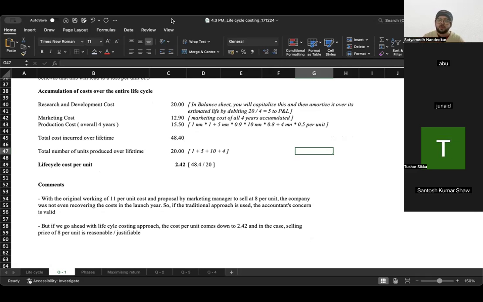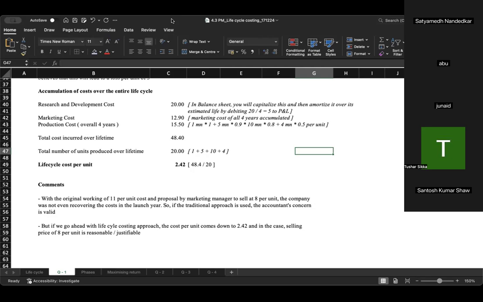Now, for people who have been operating in the old way of doing things, in the traditional way, they might find life cycle costing to be a slightly misguided principle. If you ask me as well, I would have my own reservations before accepting this as my final price, because I need to see profits.